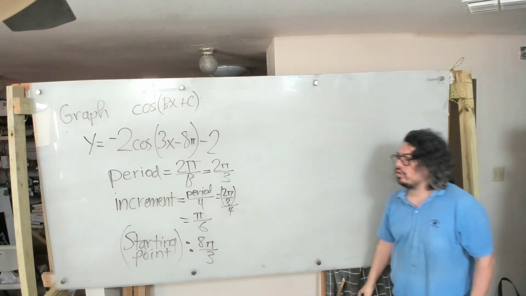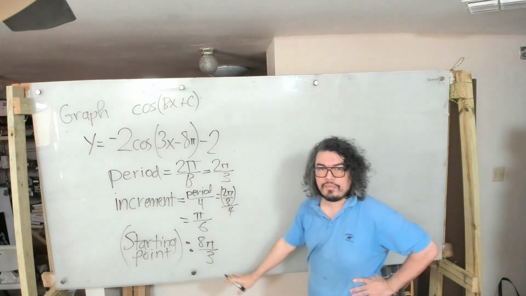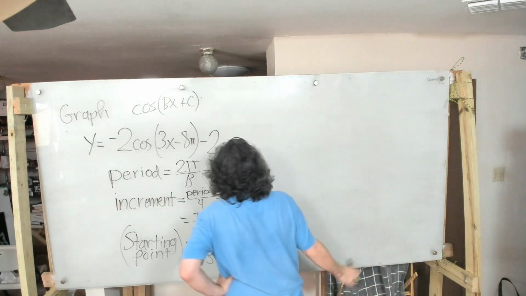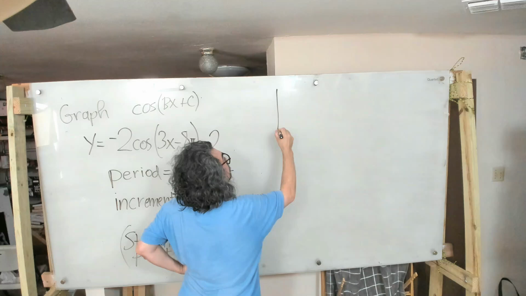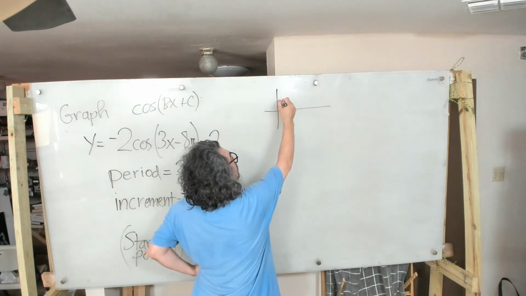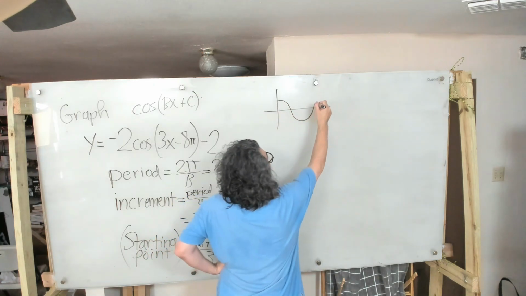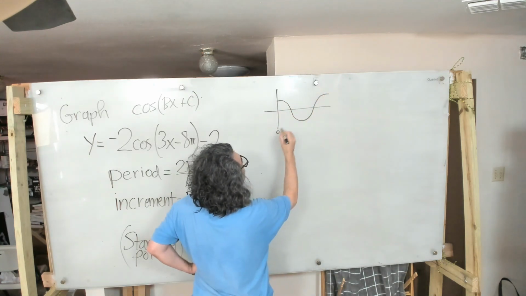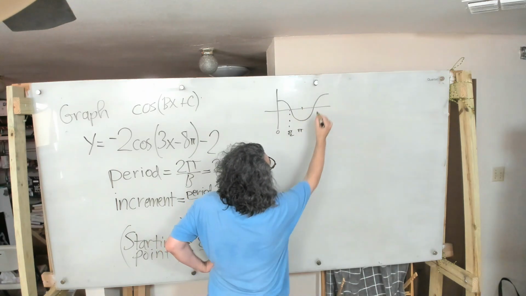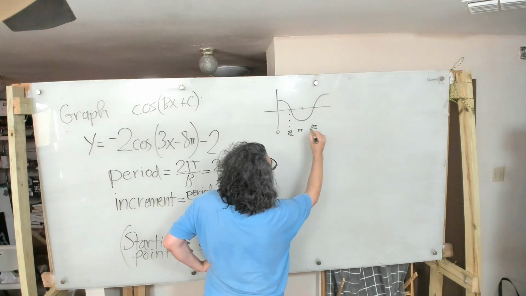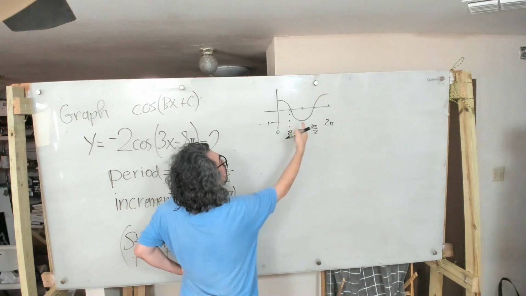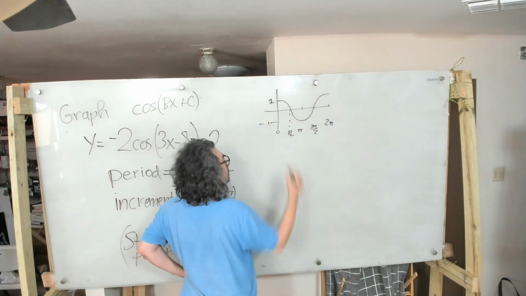So now, with this setup, we're prepared to graph this trigonometric function. Now let me remind you about the landmarks of the cosine. If I just take a normal cosine, the parent function, then the parent function looks like this. And we know that the parent function is 0, pi over 2, pi, 3 pi over 2, and then 2 pi, and it goes down to -1 in the y here, and 1 here.